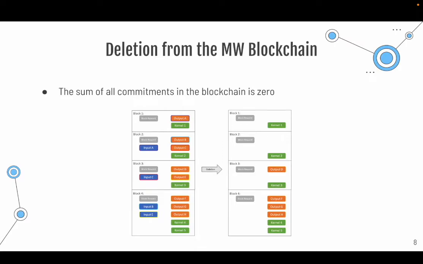So if we remove all the spent outputs and all of their corresponding inputs from the blockchain, the sum of all commitments in the blockchain will still be 0. And that is what allows the deletion of commitments from the MimbleWimble blockchain, and helps MimbleWimble blockchain to achieve a good scalability through this cut-through mechanism.